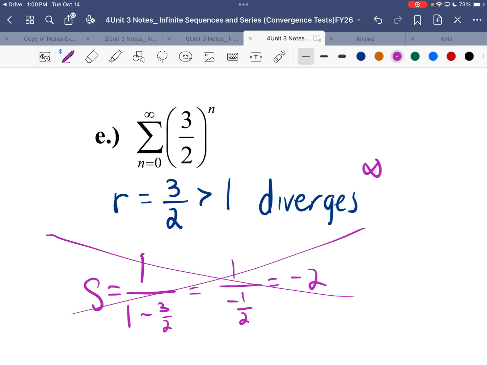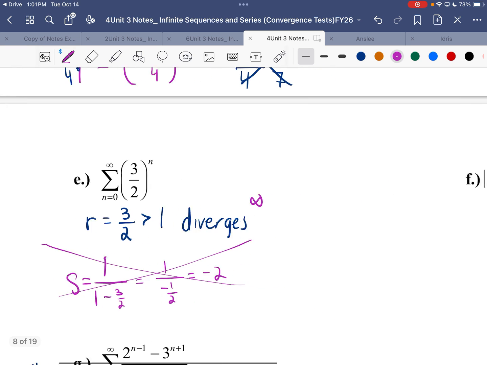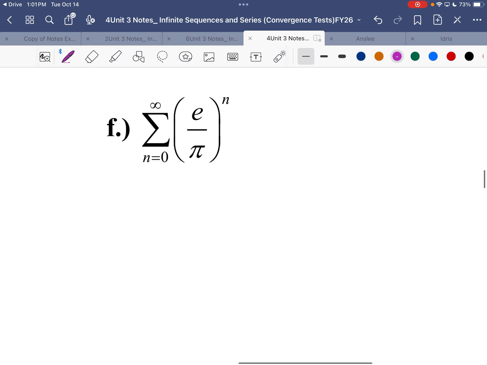That number is meaningless. That is the most common issue: you have to check whether geometric series diverge or converge. It is possible to use the formula if they diverge, but it is not appropriate. It doesn't make sense. So don't do that. Don't be that kid.